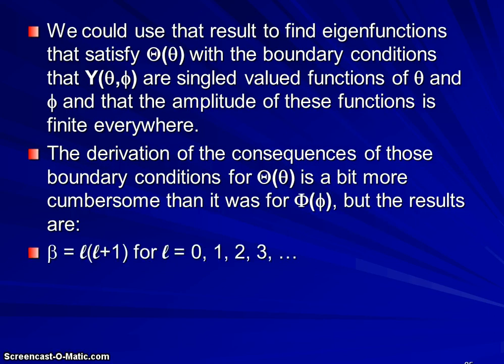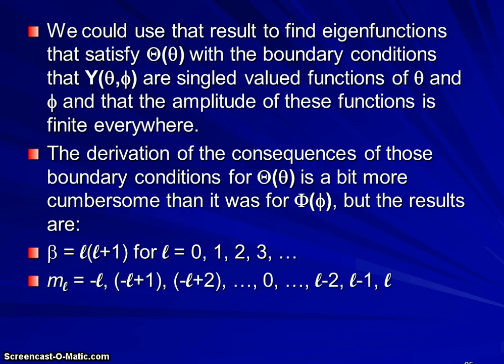But the results come out that the beta term that we defined earlier has to be L times L plus 1, where L can be 0 or any positive integer, and m sub l has to be a whole number between negative L and positive L.